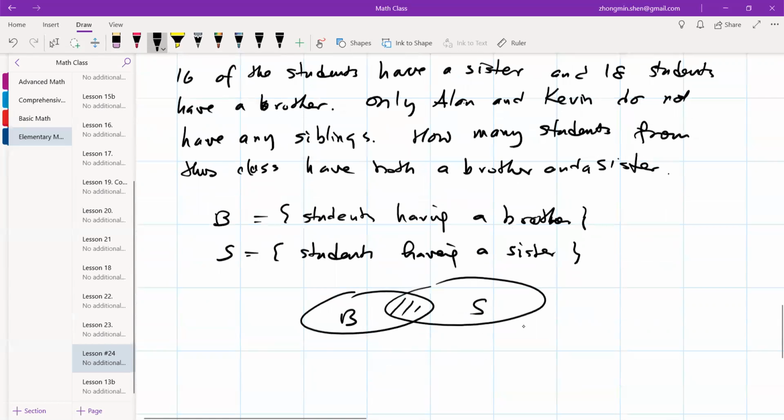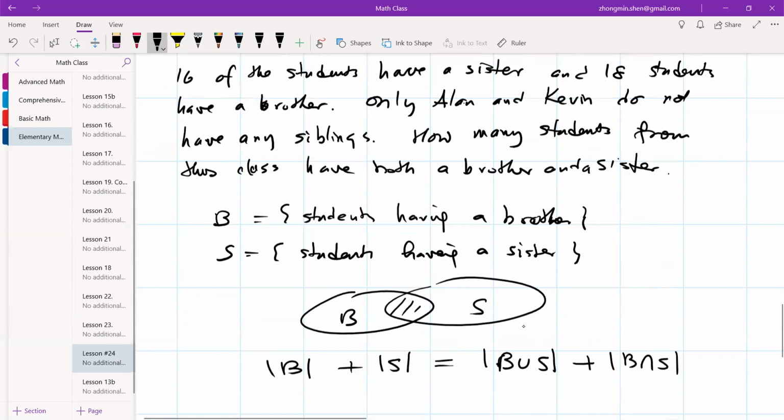Yeah, you actually want to find the number of students in the intersection part. So you write down this formula. Let's begin with B: the number of students in group B plus the number of students in group S should be the number of students in the union, plus the number of students in the intersection part.